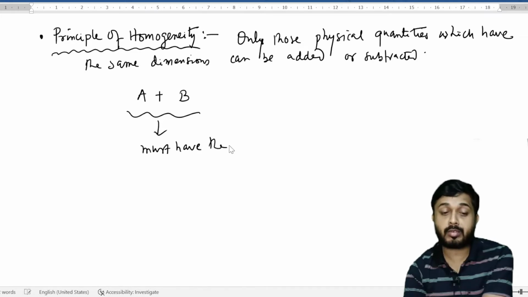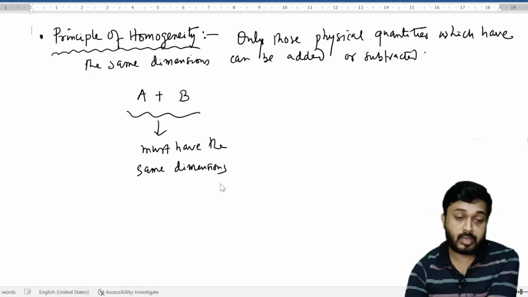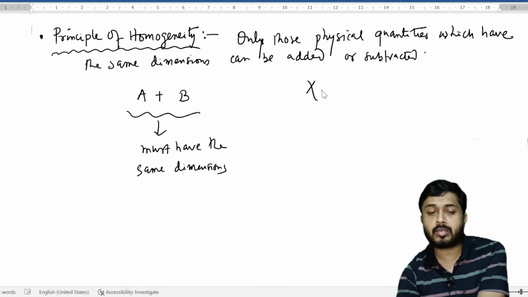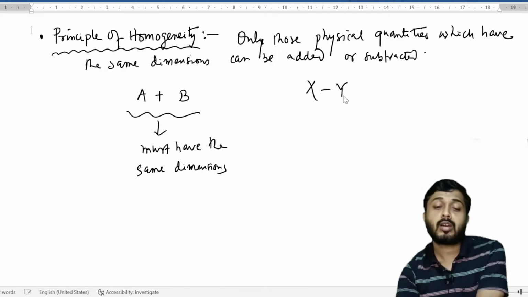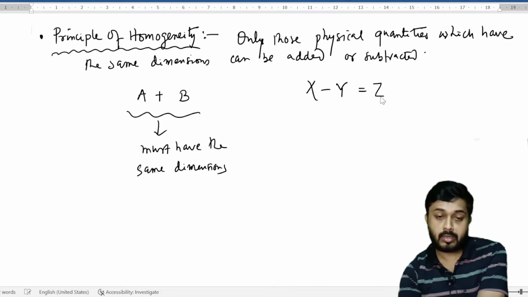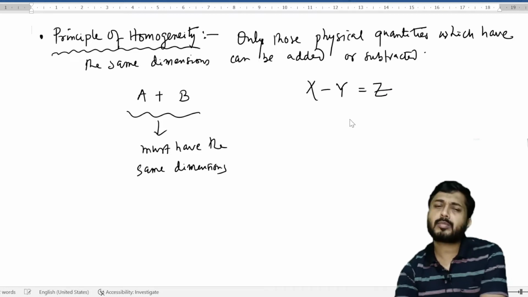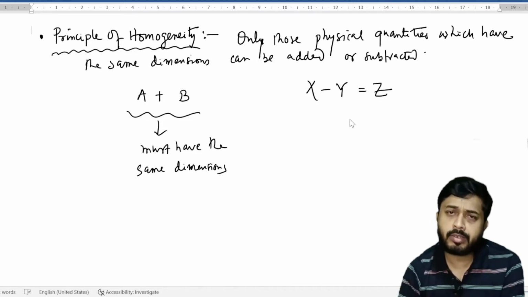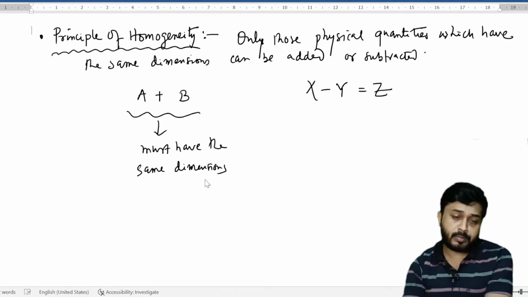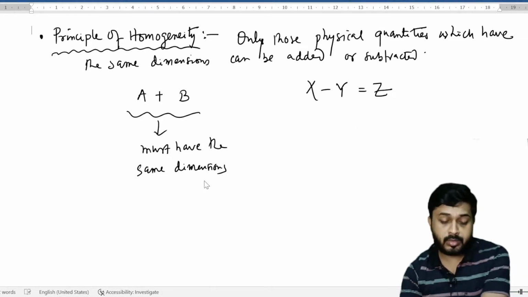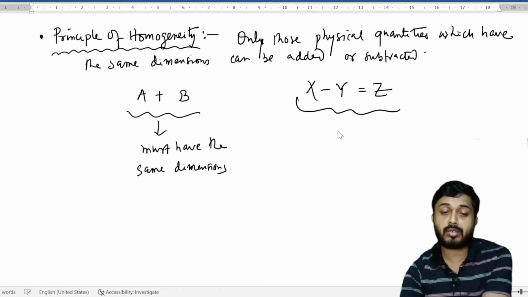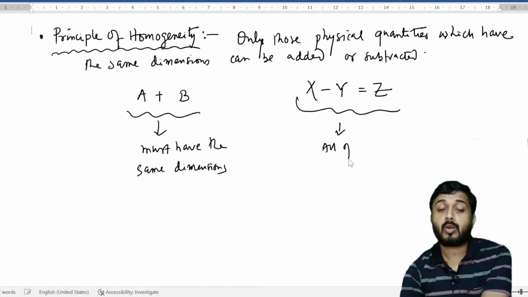Or somewhere else, if you come across something like x minus y is equal to z, or x plus y is equal to z, then be sure that all of x, y and z will have the same dimensions.